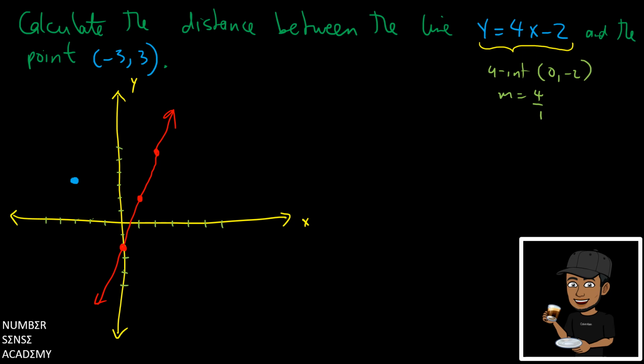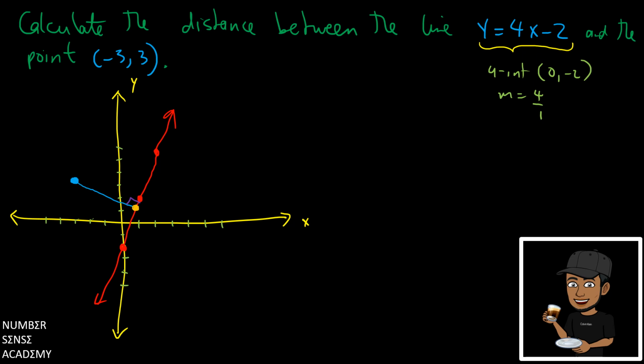So if you look at this closely, the closest point on this line to this point would be where these two lines are perpendicular. All right? They are perpendicular to each other.